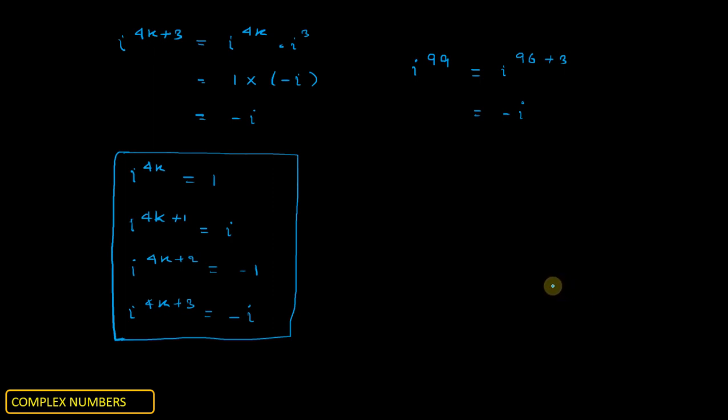Okay, now let's see one question. Find the value of iota raised to 49 plus iota raised to 28 plus iota raised to 89 plus iota raised to 110. We have to simplify this expression.